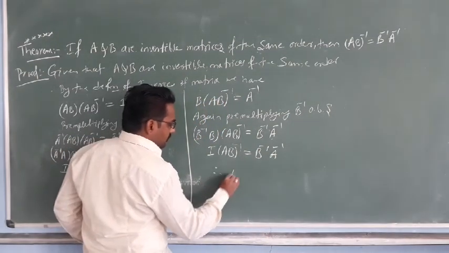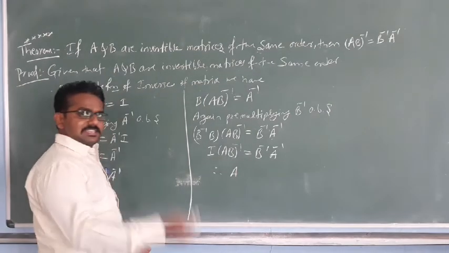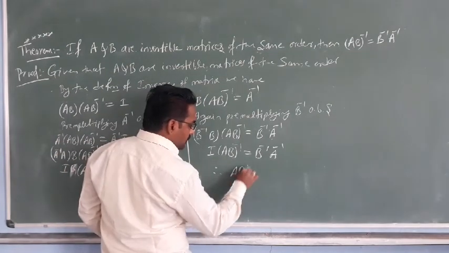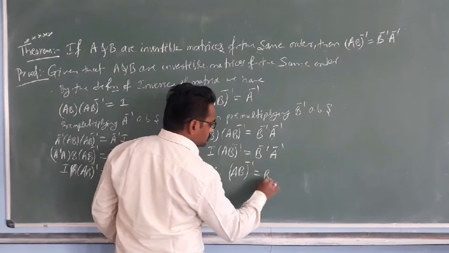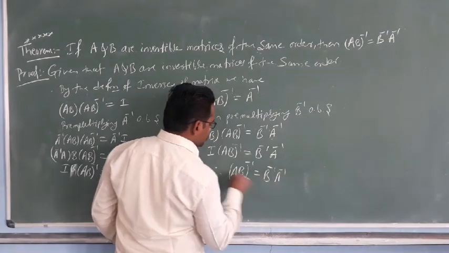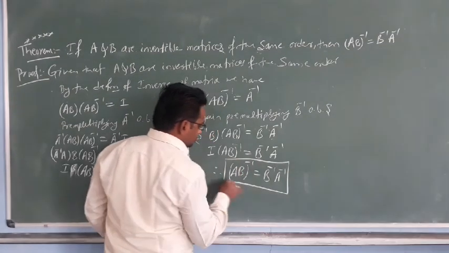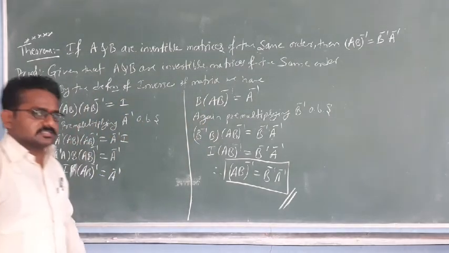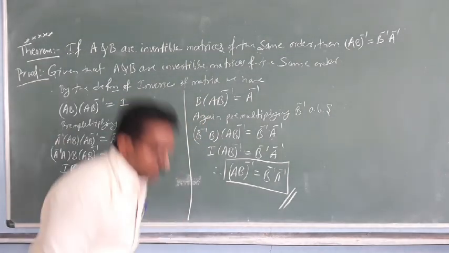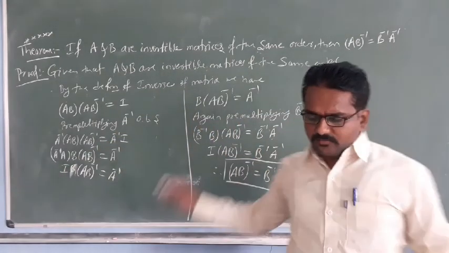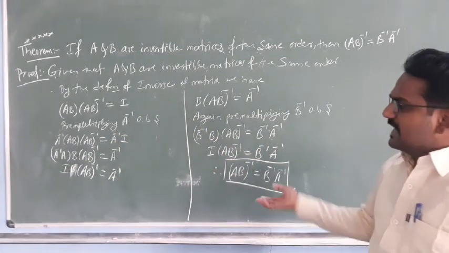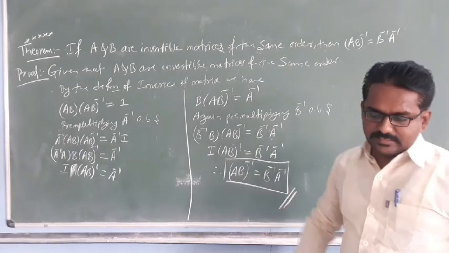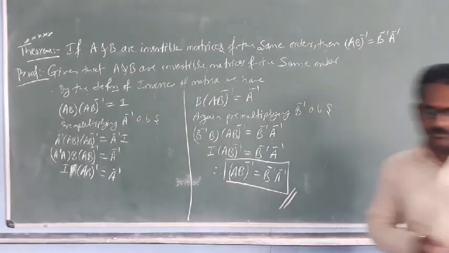Therefore, I into any matrix is the given matrix itself. So (AB) whole inverse equals B inverse into A inverse. This is the proof. You may get it in 3-mark questions here, students. So just go through the proof once. You will get the exact result. Observe the thing, students.